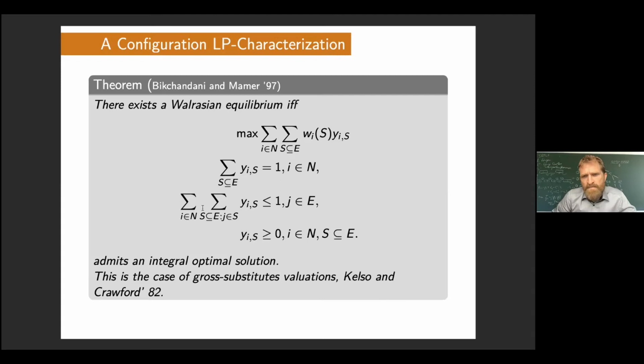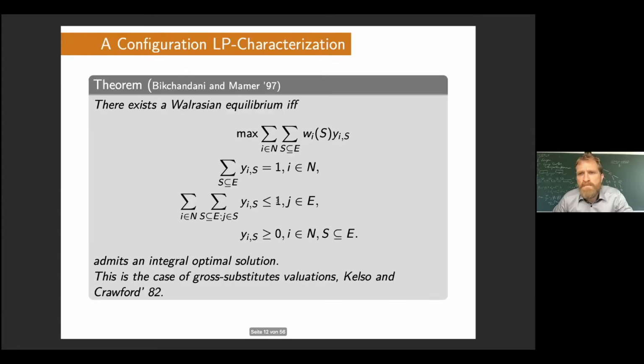And how this proof works is basically: you write down the linear program, you dualize, and for this inequality here, which just says that you can only give away one item of each type, since you have only one item of a certain type that you can sell, you get again a dual variable, a Lagrange multiplier that you later use as prices. It's maybe a bit intricate how to connect this continuous LP with a discrete model at the beginning, but this is more or less what happens here.